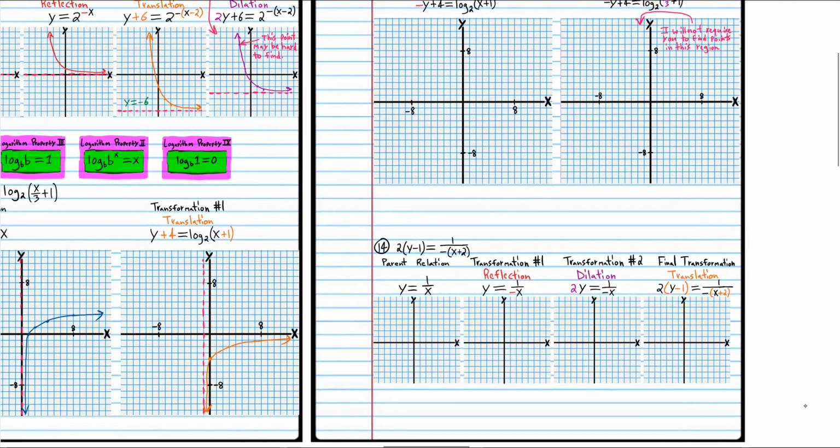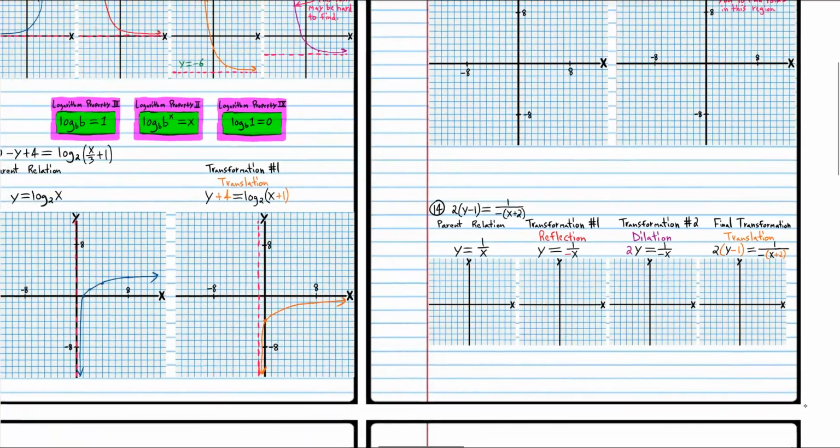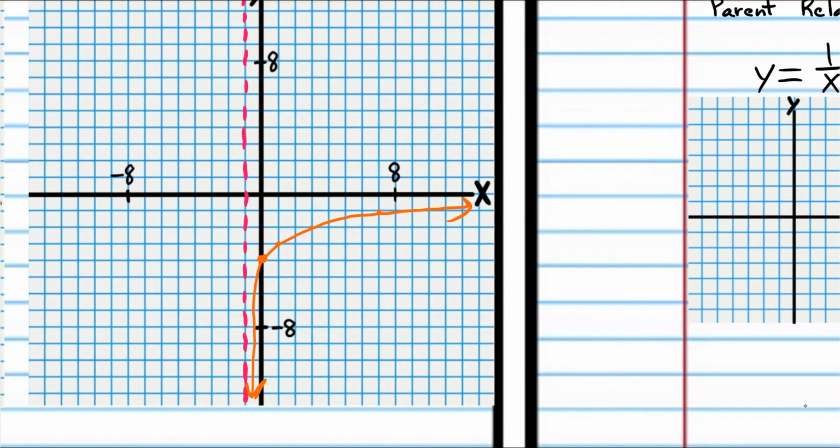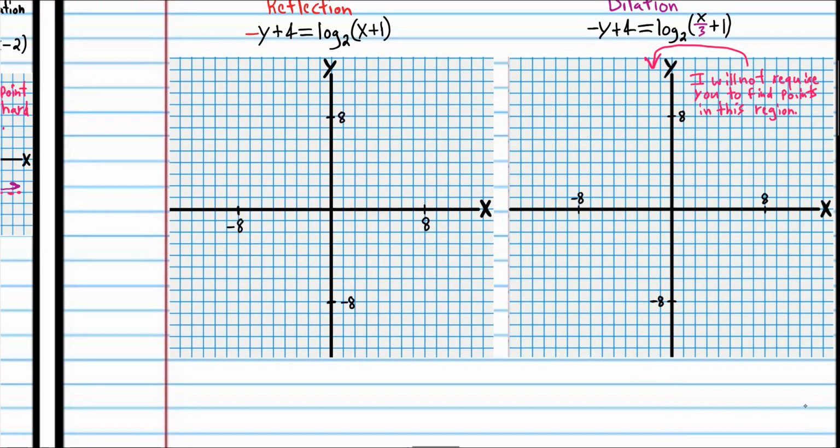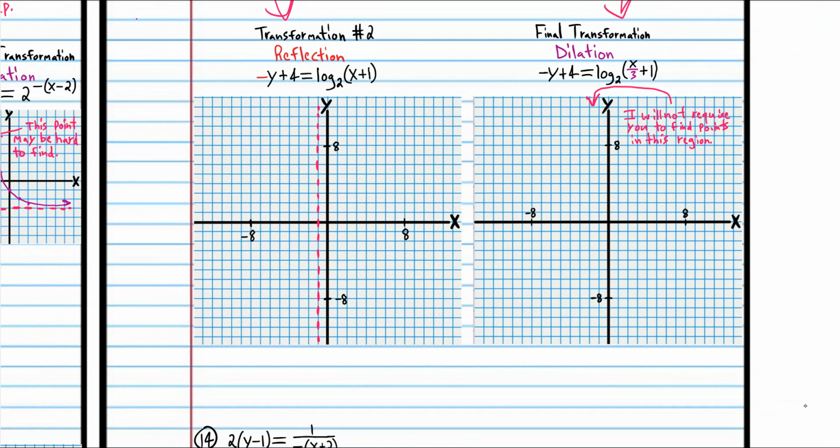So this point here is 0, negative 4. So it's going to become 0, 4. And the position of the asymptote is not going to change when you reflect across the x-axis because it's a vertical asymptote. So 0, 4 is a point we need.